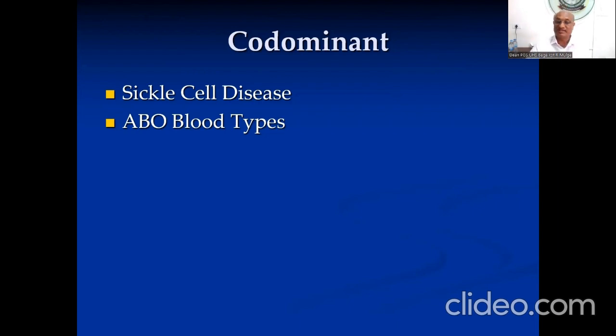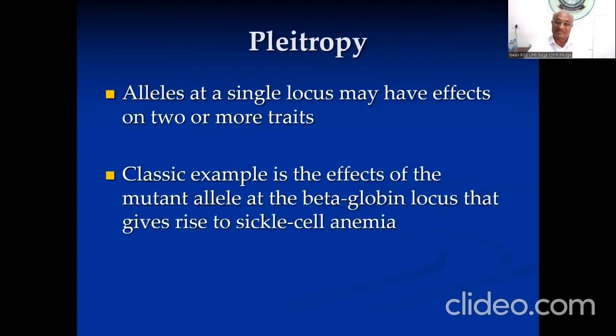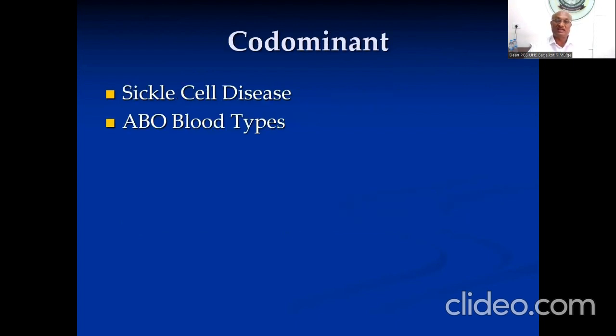It is codominant, right? Both alleles have their expression. Incomplete is about the quantum of production, whereas here it's totally different. Even self-incompatibility shows a codominant kind in cabbage. So that is what codominant means, you should understand.